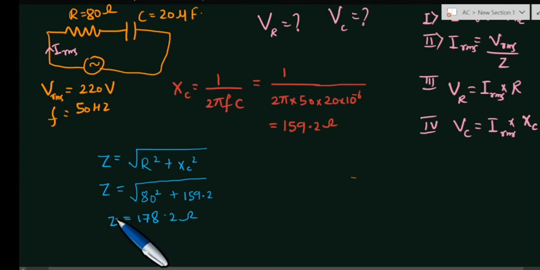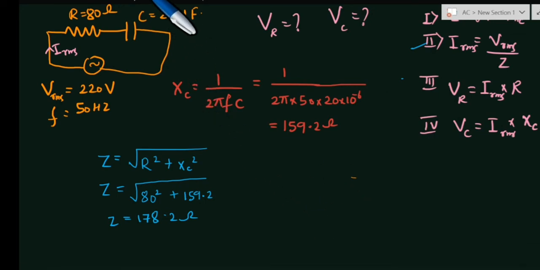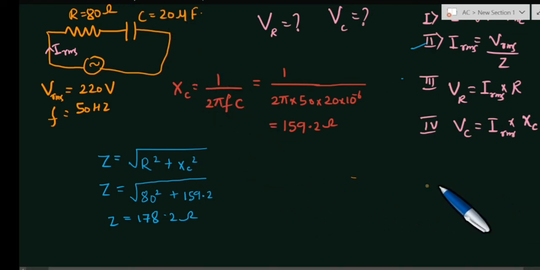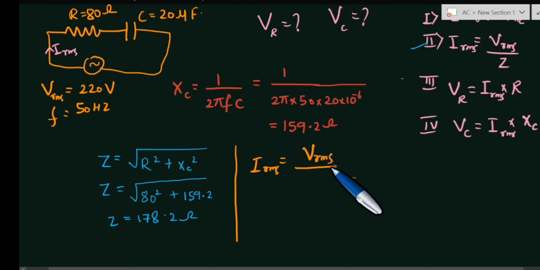And once after getting the value of Z, we can calculate the value of Irms, that is second step. So Irms is equal to Vrms divided by Z. So Vrms value is 220 divided by Z value, square root of 80 square plus 159.2 square.